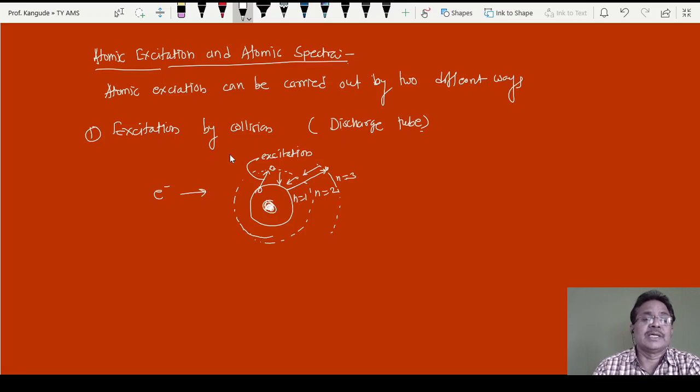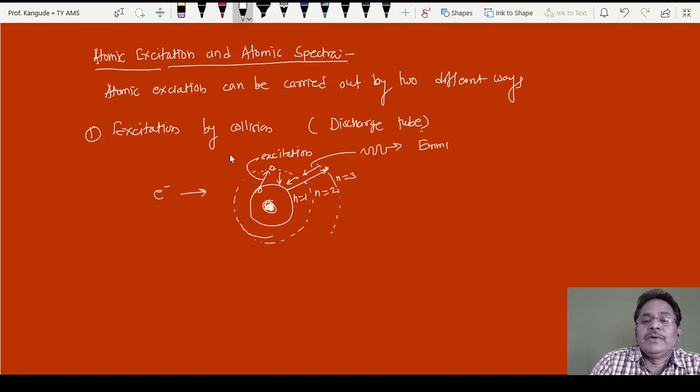This process of excitation by collision is a very important process that always takes place in all discharge tubes. Discharge tubes are tubes with a filament connected to a very high voltage. Electrons or particles are emitted, and in their journey through the discharge tube they collide with the electrons of a particular atom, and this electron goes into the excited state and comes back to the de-excited state. Whenever de-excitation occurs, the radiations that come out are called the emission spectra.